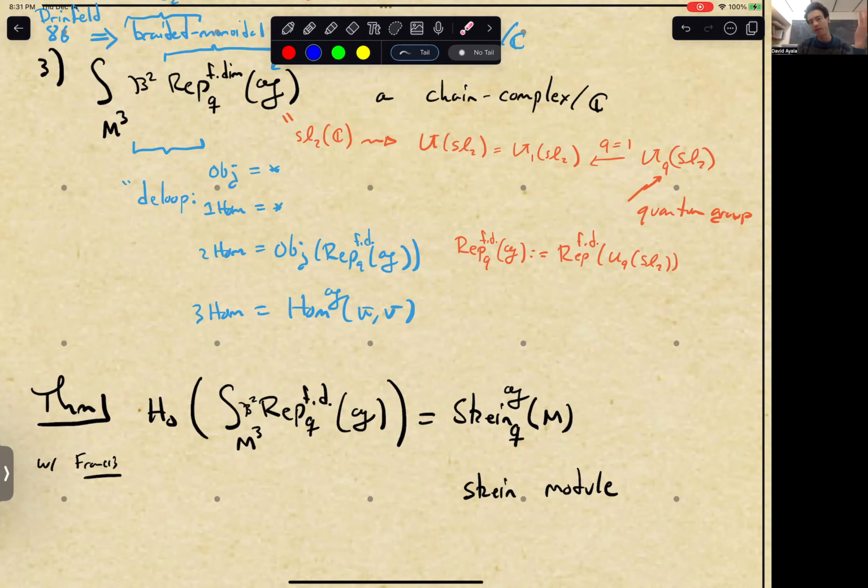To see that, one can use that it's a modular tensor category. For that reason, one can define this on oriented manifolds, so it doesn't use the framing. But that's superficial.